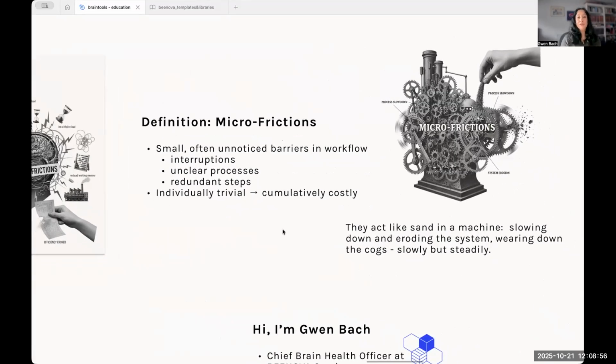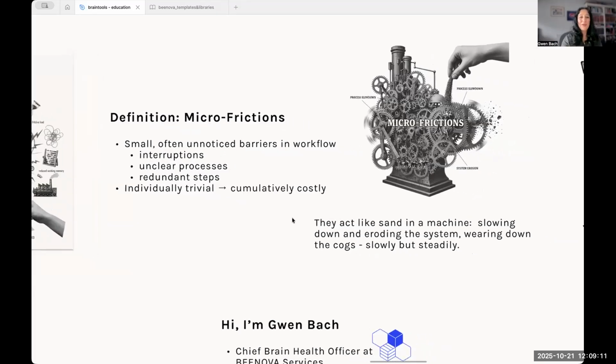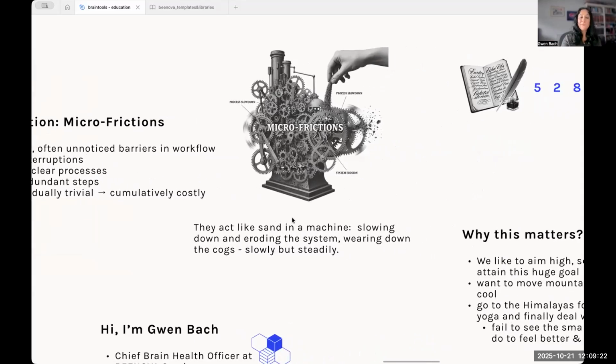Microfrictions are very tiny, unnoticed barriers to workflows: interruptions, unclear processes, and redundant steps. Just for this talk, there are obviously lots more, but that would have exploded the scope of this talk way too much. Think of a single penny. A single penny is not heavy, but if you have 100 or 1,000 pennies, it becomes very heavy very fast.